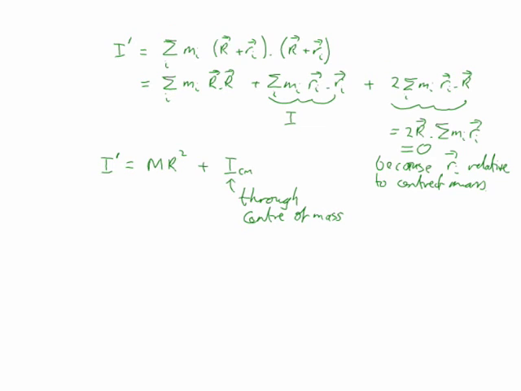And this has to be parallel. You cannot use it for a non-parallel axis, right? You've got to have a parallel axis, and then here R is just the distance from the center of mass of the new parallel axis. And this is called the parallel axis theorem and lets you take a shortcut for calculating moments of inertia.